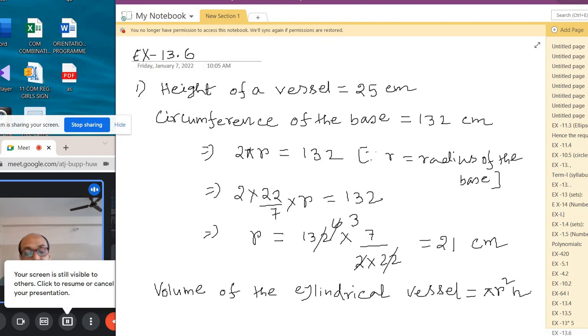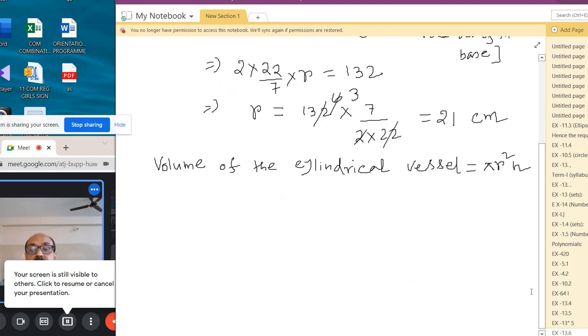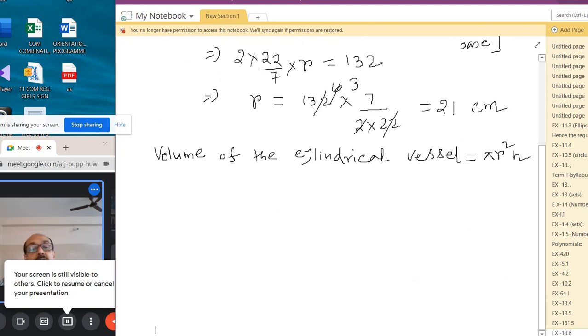The formula is pi r square h, where r is the radius and h is the height.